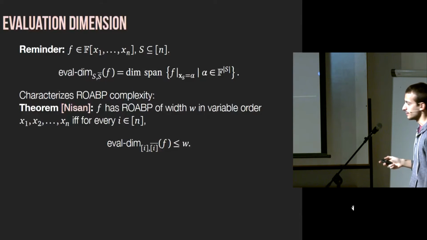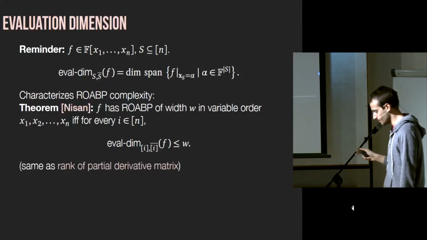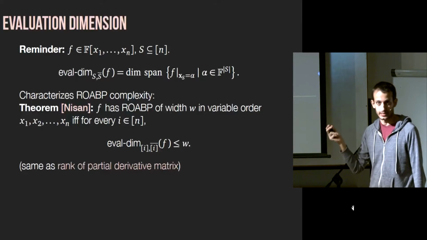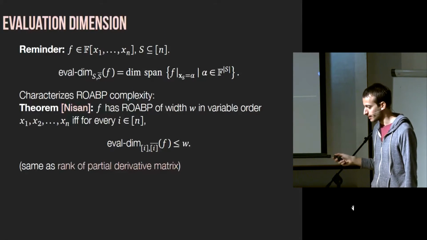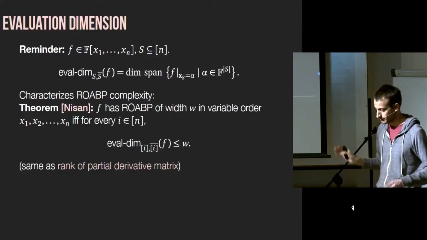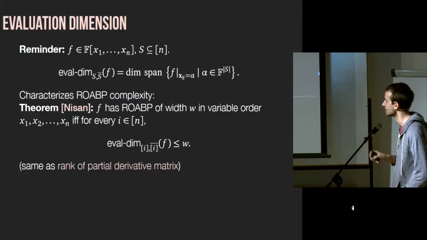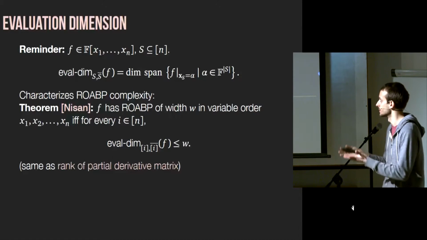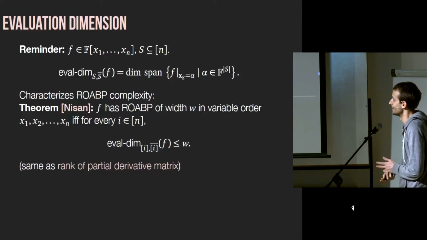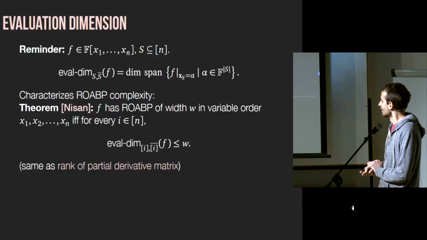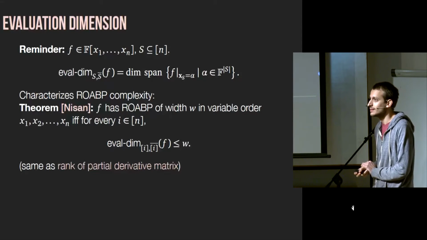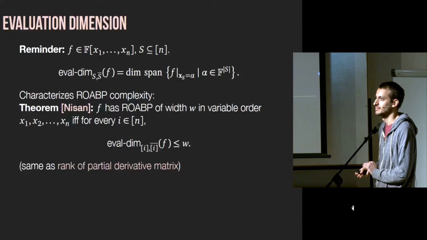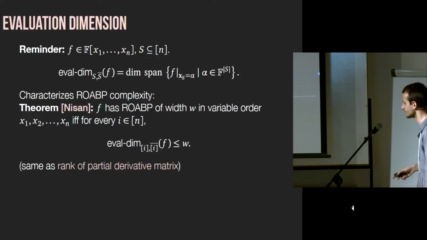When this was mentioned in the bootcamp, we used the term Nisan's partial derivative matrix. This is basically the same if you assume the field is large enough, but let's ignore this. It's the same number.